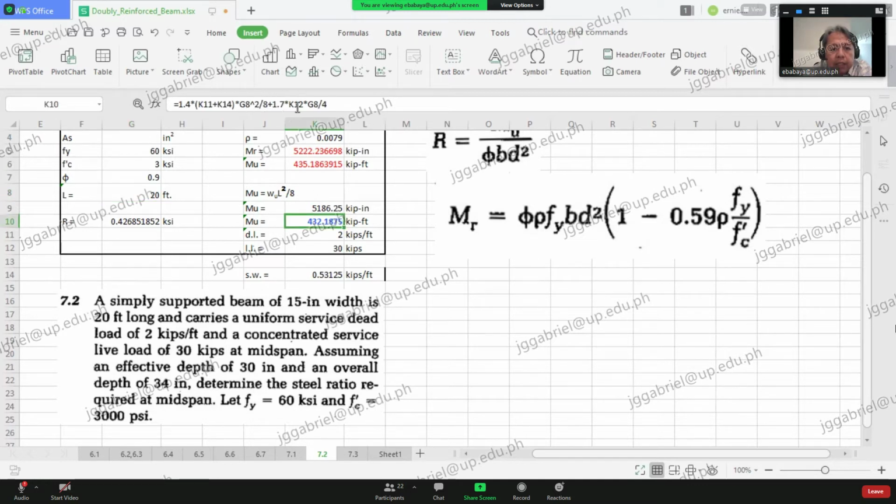Where's the L? Here, G8 is 20. And then plus the concentrated load, 1.7, the factor because it's a live load, times P, which is 30 kips, times L over 4. So these three are accounted for.